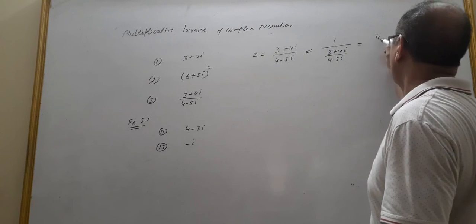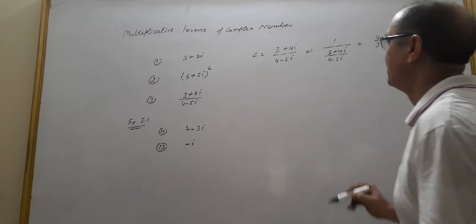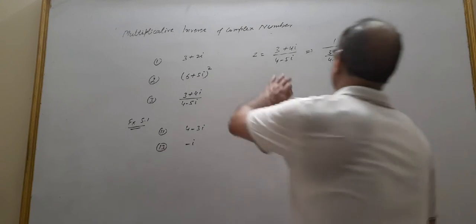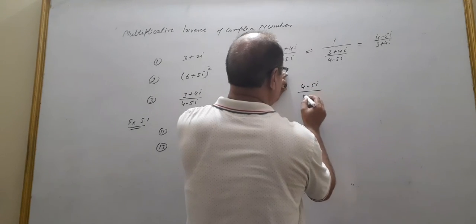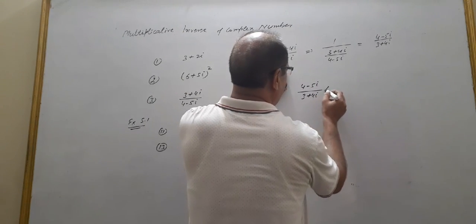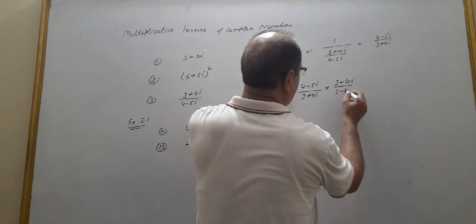This implies 4 minus 5 iota upon 3 plus 4 iota, taking the reciprocal of this. Now, how to simplify this? We have to rationalize 3 plus 4 iota, multiplying by 3 minus 4 iota upon 3 minus 4 iota.